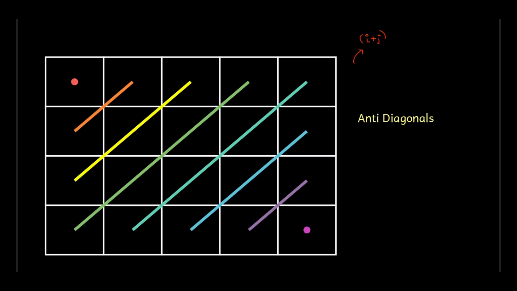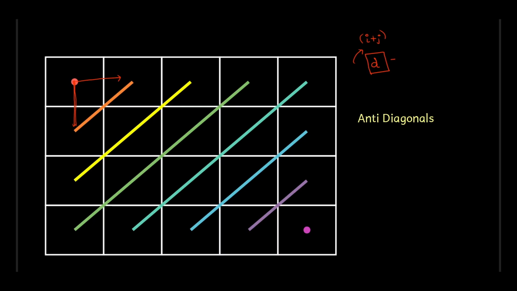So that's why you can see that when you started your journey over here, you can either move to the right or you can move downwards. No matter where you move, you move from one antidiagonal to the next antidiagonal. So let's define all of these antidiagonals by D. D represents the antidiagonal, and each antidiagonal can be uniquely identified by the value of I plus j.